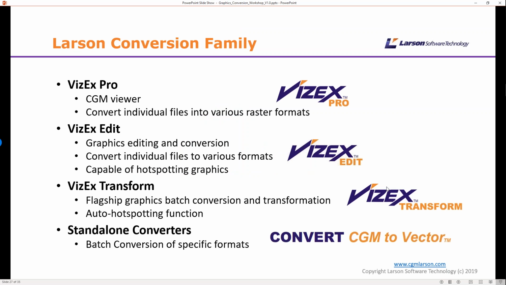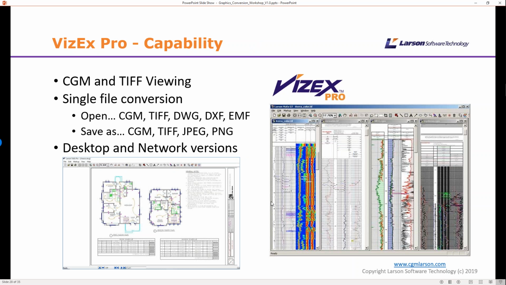So that completes the demo and the scenarios. Just to kind of reiterate, the software that we've been using is VisX Pro, VisX Edit. We didn't show VisX Transform today, but we did show CGM to Vector. So VisX Pro is really our viewing software, but can be used to convert single files.